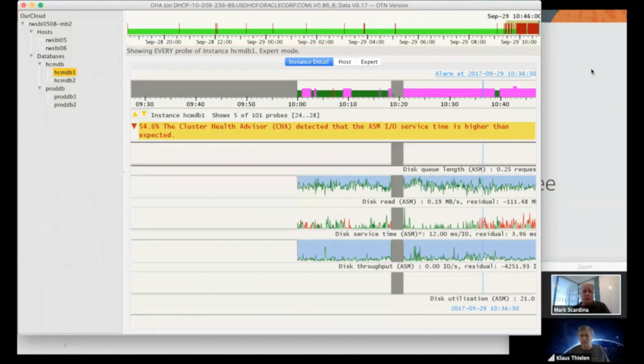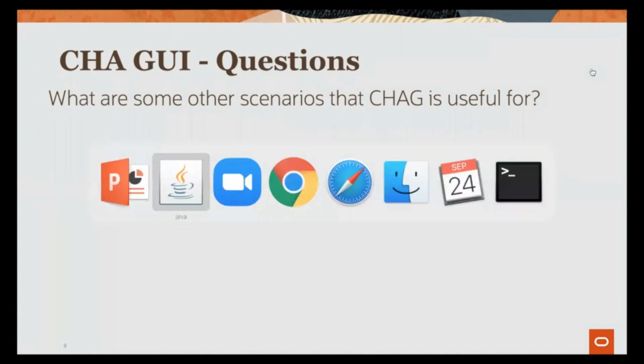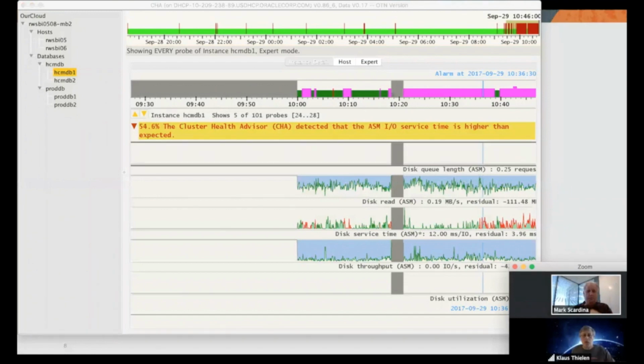Okay, let's go back to the questions here. What are some of the other scenarios that the GUI is useful for? In combination for hosts and for databases, we have about 54 different cases modeled.